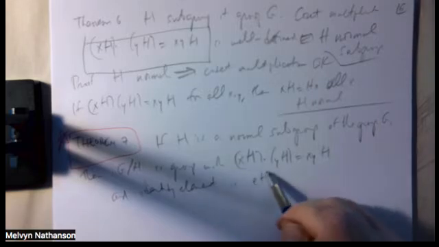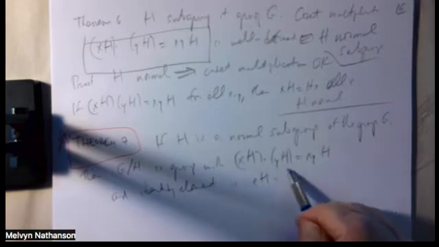And the identity element in this group is eH, the left coset of the identity, which is just the set H.